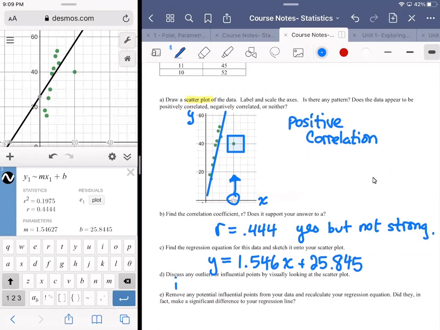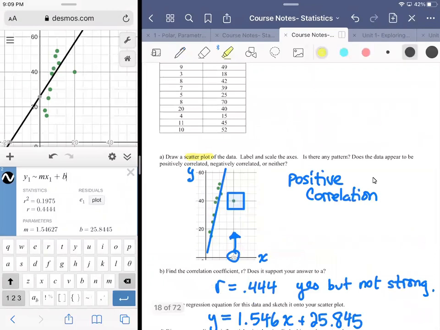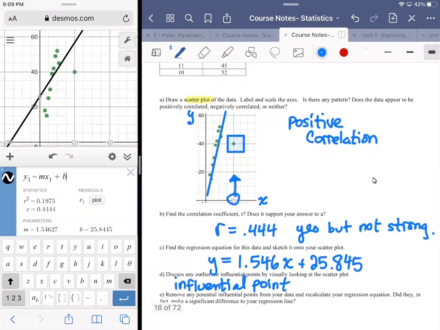So it seems that there's an influential point at, and I'll highlight it here, 2040. I'm sorry, 2040. All right. So, and that's because it's off to the right.